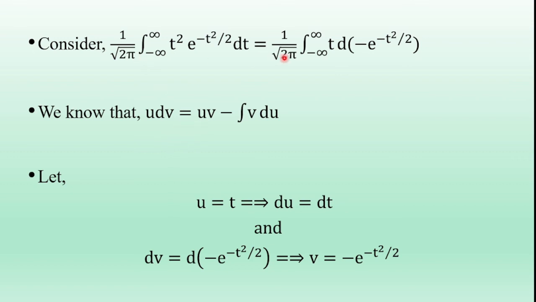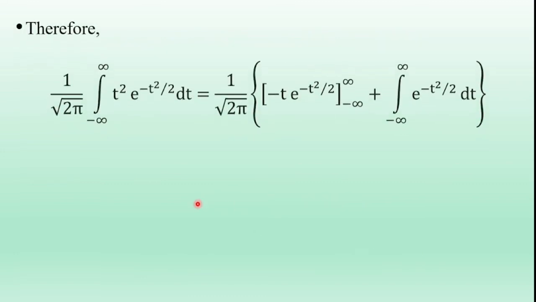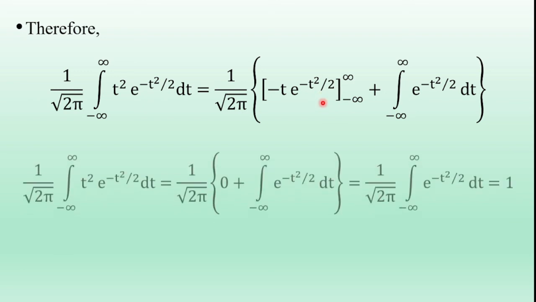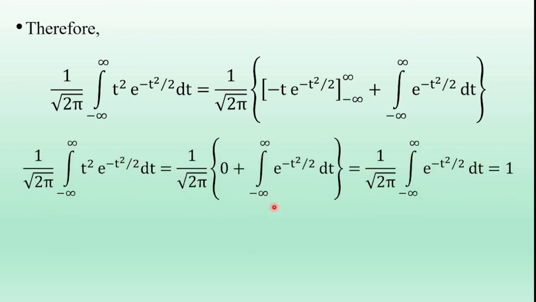So the RHS of this term, 1 by square root of 2 pi integral minus infinity to infinity t square e power minus t square by 2 dt, is this one. In the first term, substitute the upper value of t and the lower value of t. So e power minus infinity value is 0. The first term is 0, plus the second term is the same.